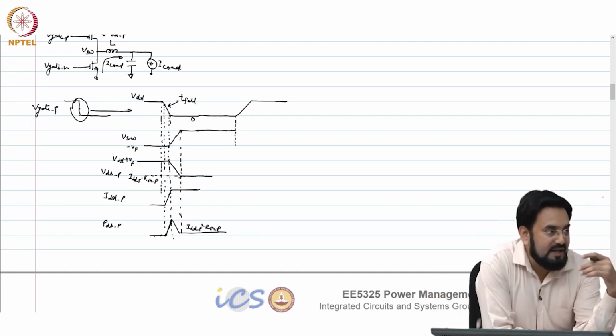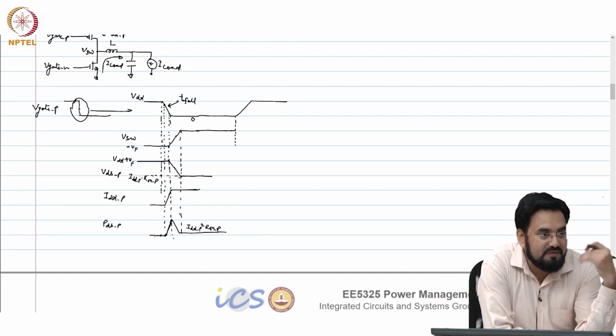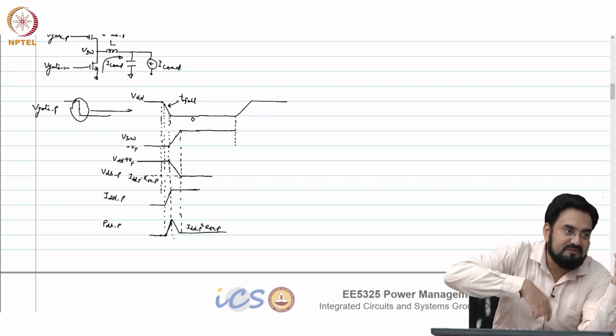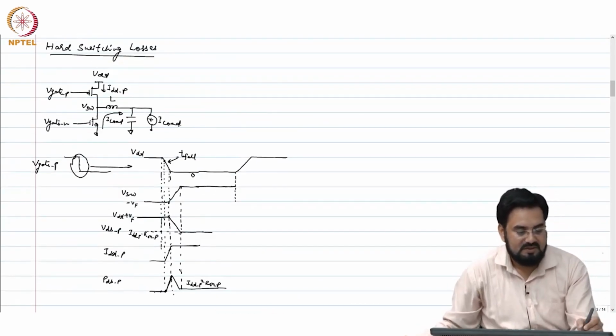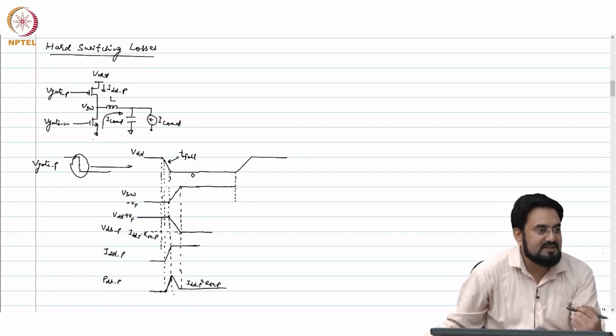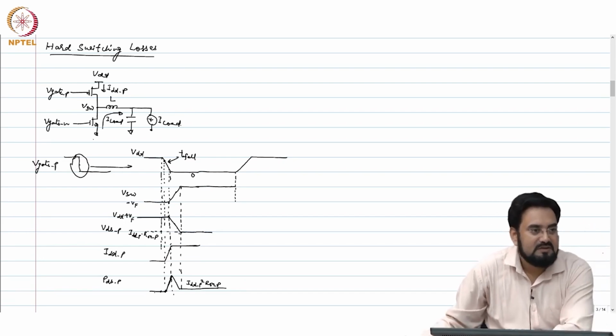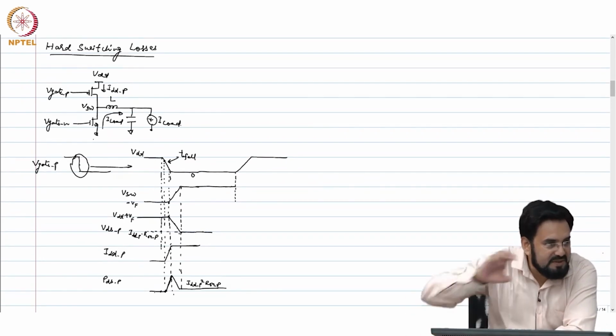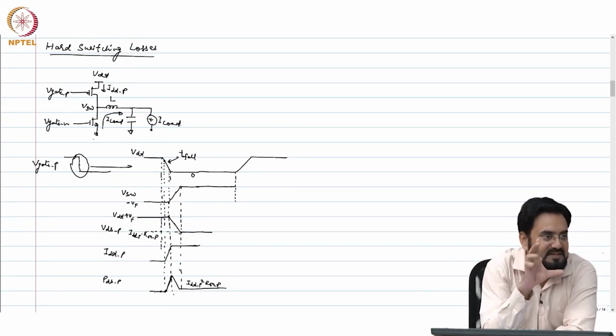That diode has to become forward biased before the current will start flowing from the bottom FET, the body diode of the bottom FET. So, until the diode gets forward biased, the current will keep flowing through the PMOS. But what is happening to the VDS? VDS is increasing.